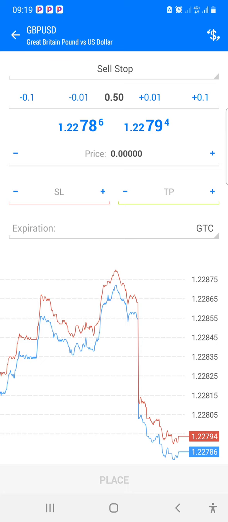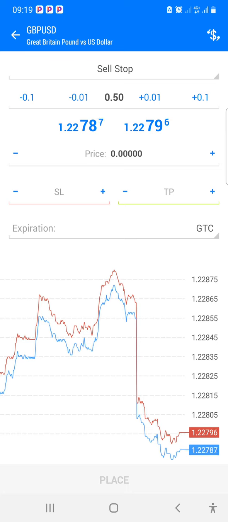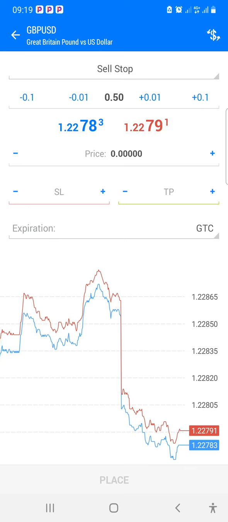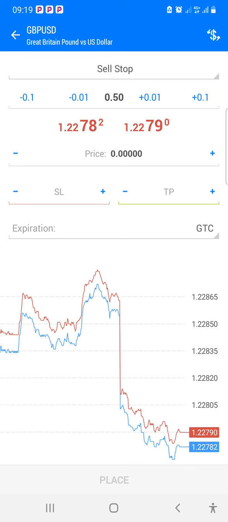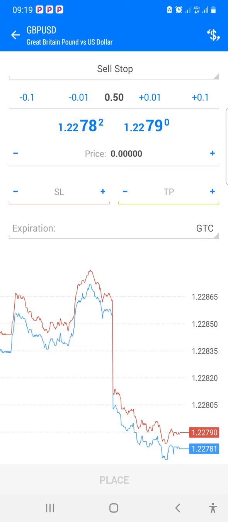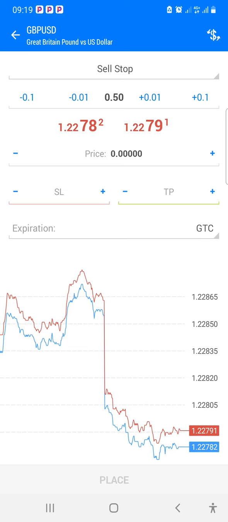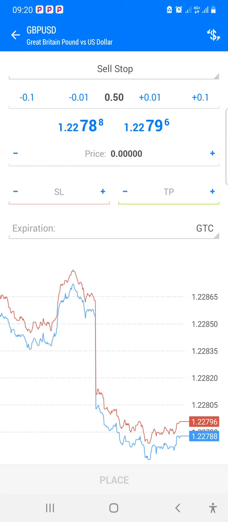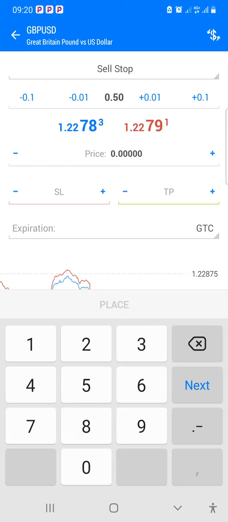Buy stop, you want to buy at a price higher than the current market price. Sell stop, you want to sell at a price lower than the current market price. Please take note of these, and you can recite them like the alphabet, because sometimes it can be clumsy and it may be confusing at first.